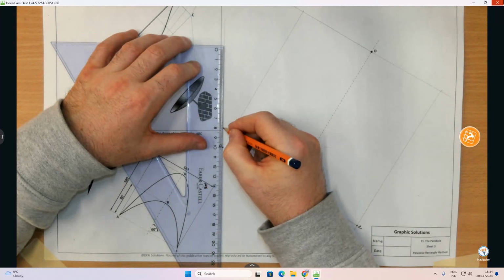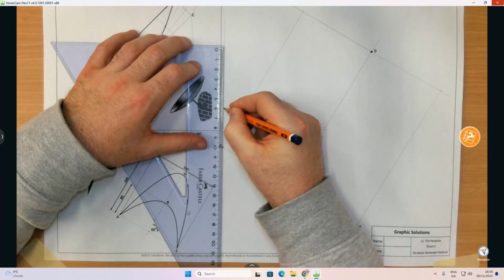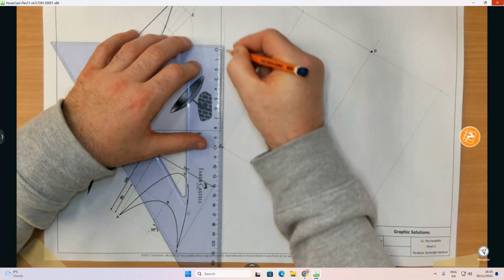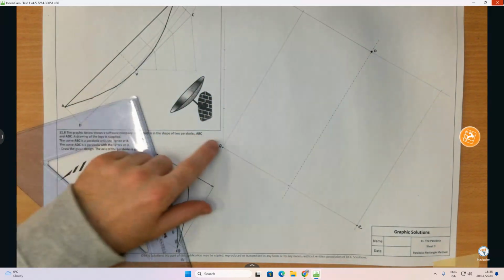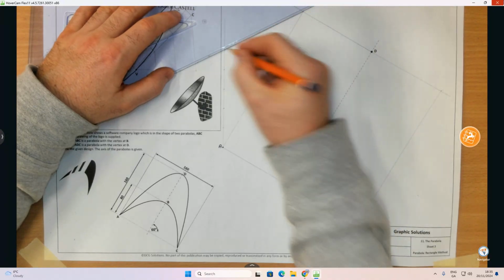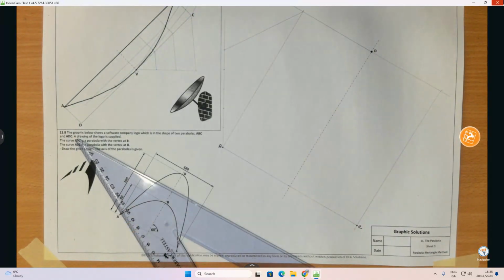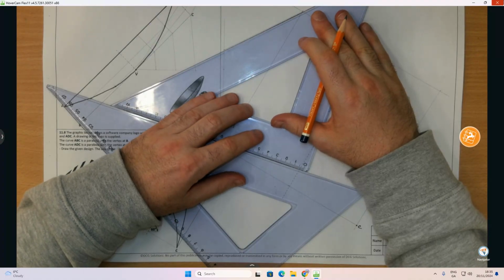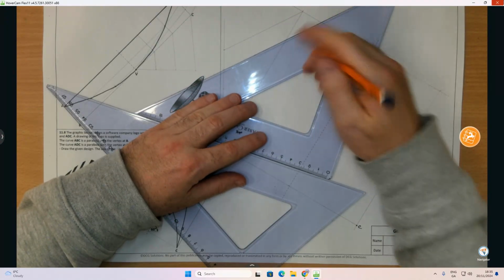So from here, I'm going to go back 20, 40, 60, 80, 100. So you can see my little increments there. I'm going to join the last one to the end of the line that I want to divide up. And what I'm going to do now is using sliding set squares, I'm going to join it across.